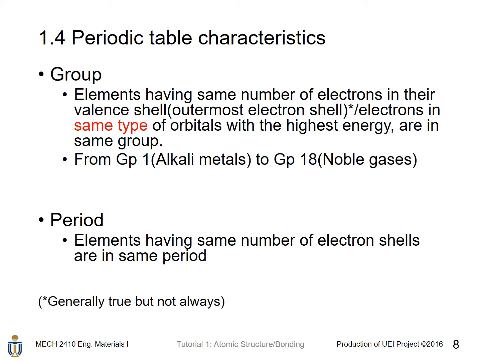For example, group 1 metals all have one electron in their outermost shell, or valence shell. For group 18, their outermost electron shell is fully filled. And they will have very similar chemical properties within the same group due to this reason. I will explain it later.